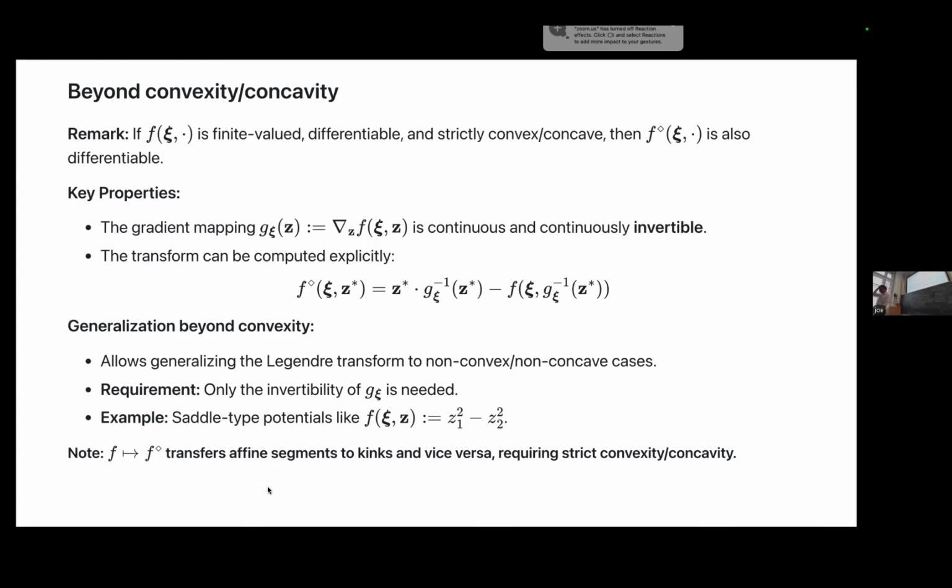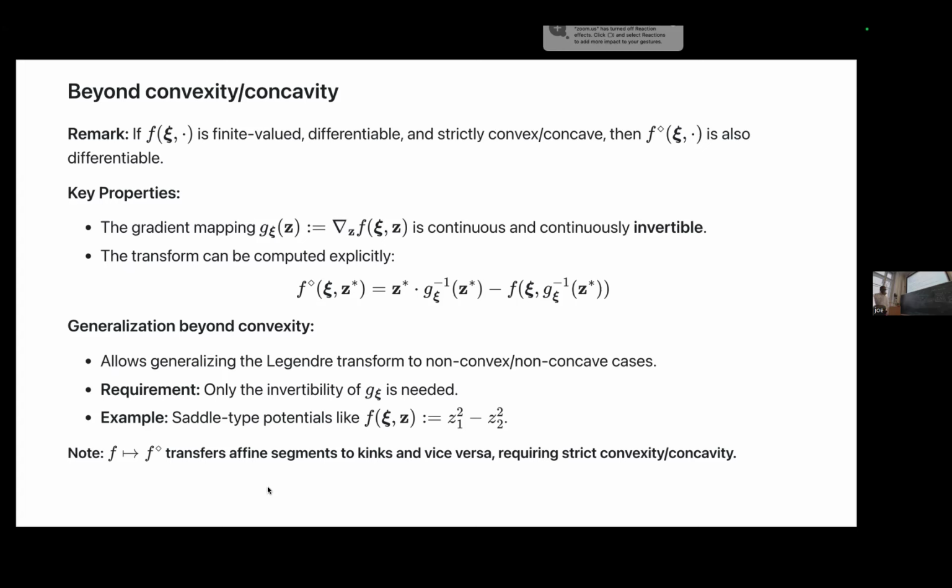Okay, so another observation that one can make is that in the case when the energy functionals are smooth, you can define the conjugate energies not by taking infima or suprema, but just by direct substitution.